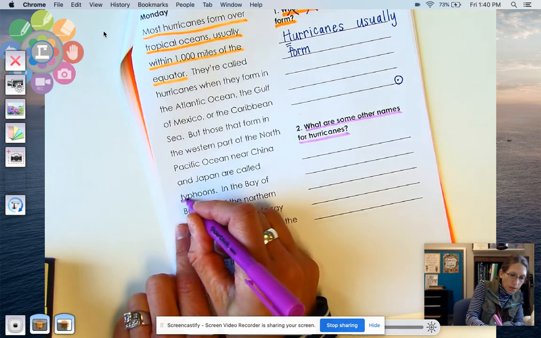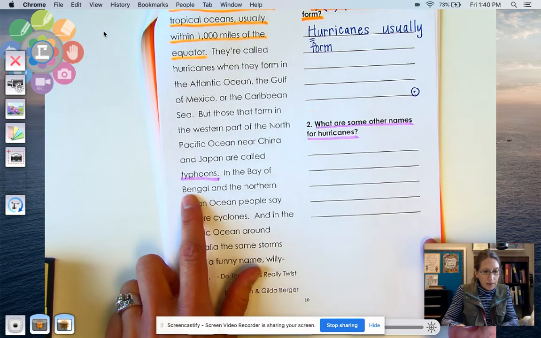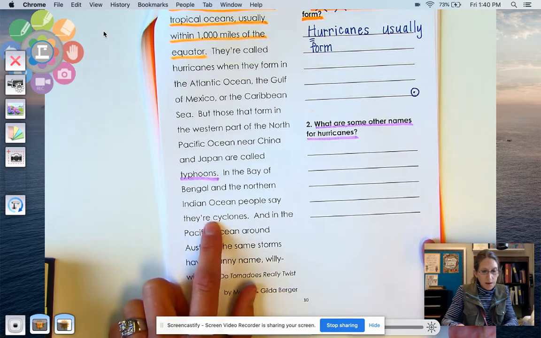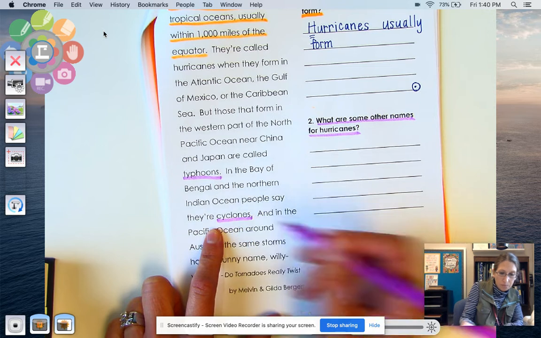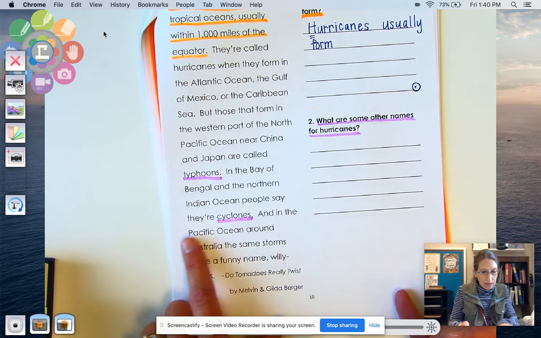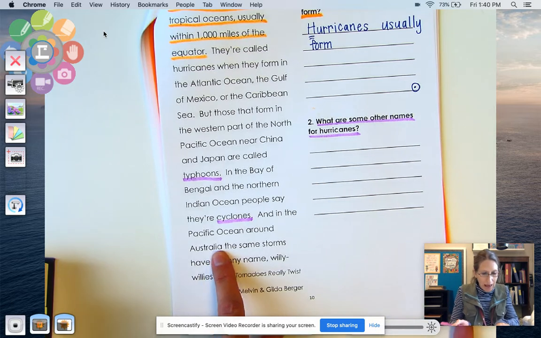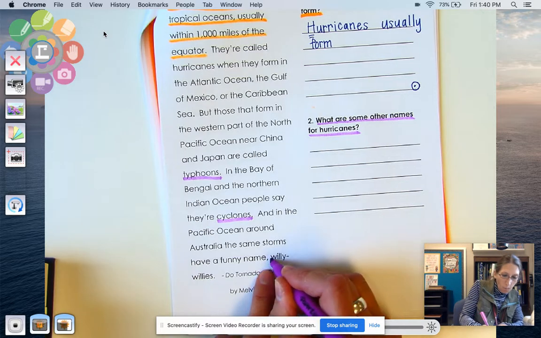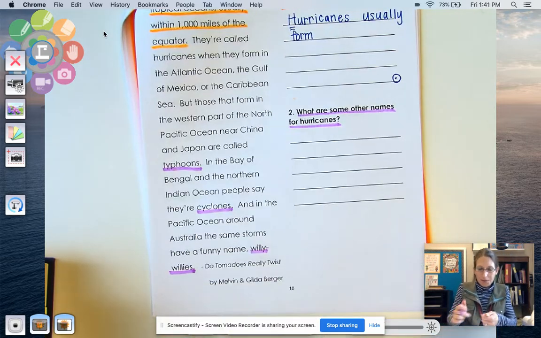So we can use that same color to underline that word. In the Bay of Bengal and the northern Indian Ocean, people say they're cyclones. And in the Pacific Ocean around Australia, this is the funny one, the same storms have a funny name. Willy Willies. How fun. Willy Willies.